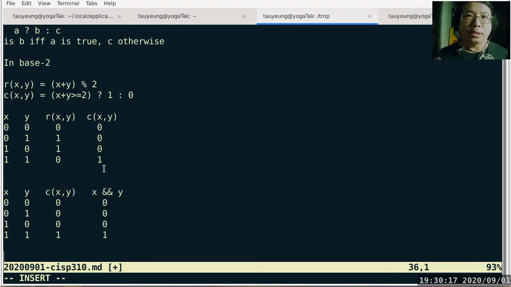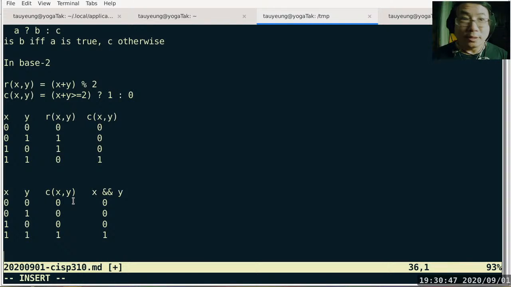So if we do it the really clumsy way, without optimizing, we'll need 8 transistors to do this. But the point is, we can. Yes, we can use transistors instead of using comparison or the ternary operator. We can use transistors to implement the C function when we just want to perform single-digit additions in base 2.